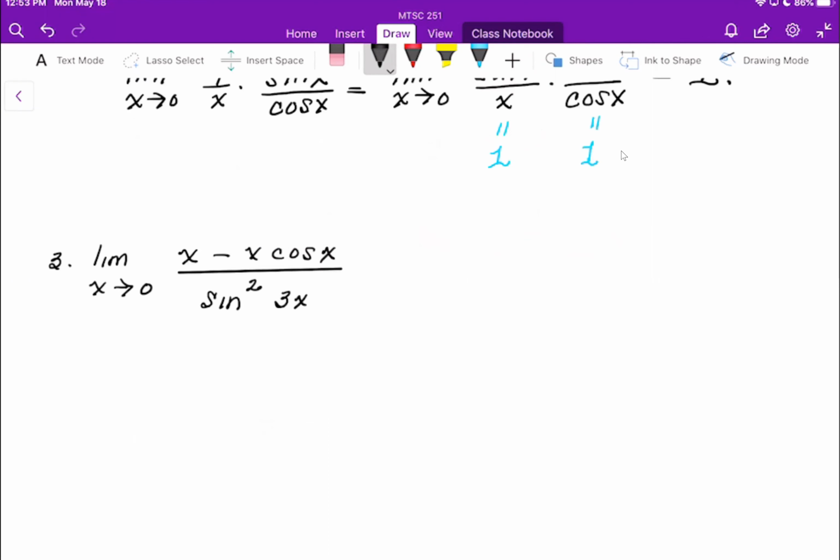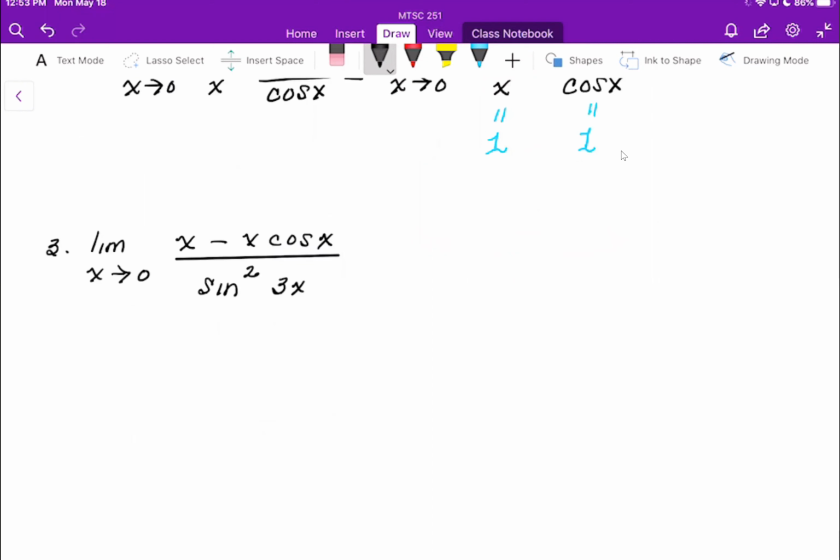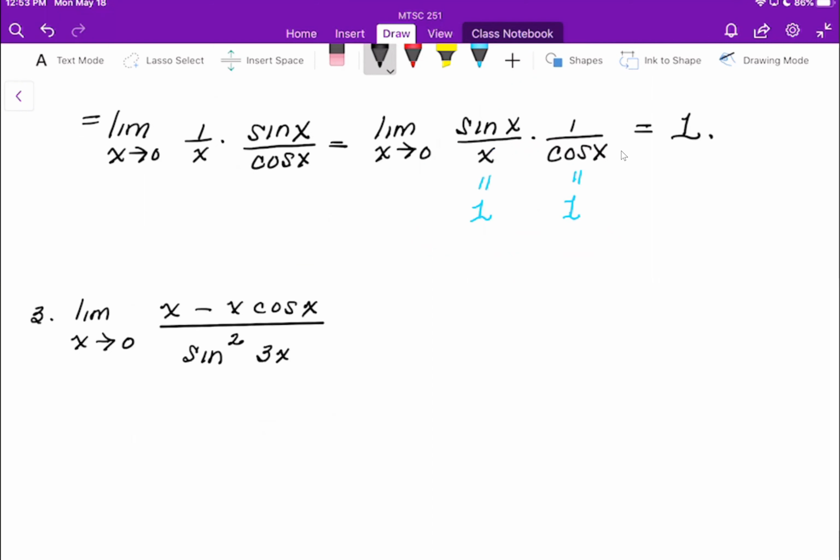Last problem. I have the limit as x approaches 0 of x minus x cosine x over sine squared of 3x. So we want to rewrite this as the limit as x approaches 0. I want to factor out that x. So now I can get 1 minus the cosine of x.